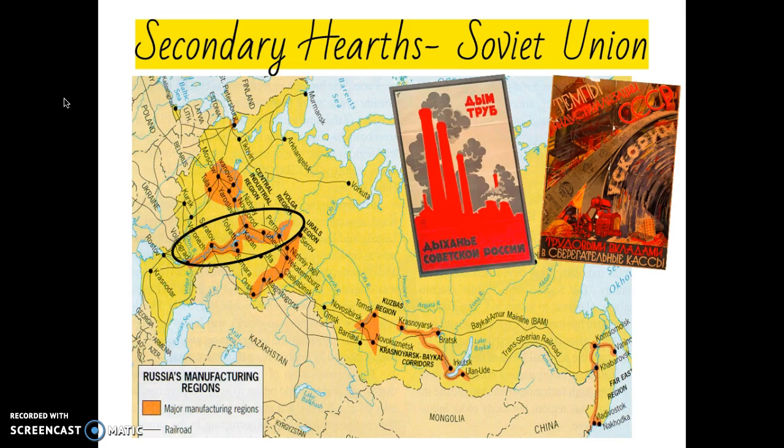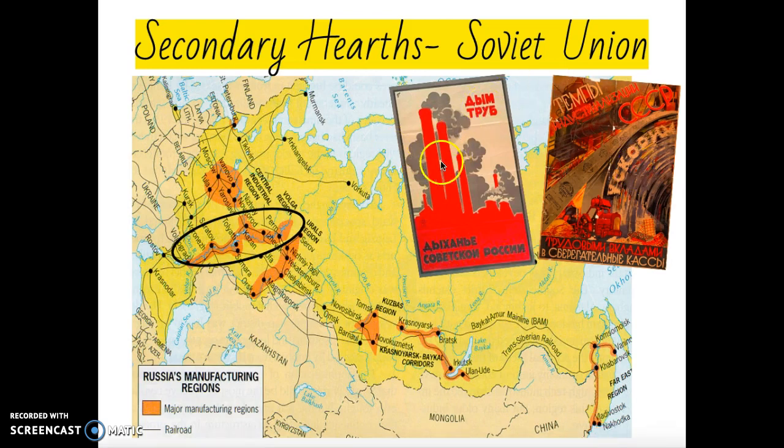So to show that communists can make things work as well. So in the 1930s, the Volga region, which is right here, became, and it still continues to be, a dominant industrial region. And this region was very heavily protected during World War II, so it didn't suffer much devastation like the places in Europe that we discussed.